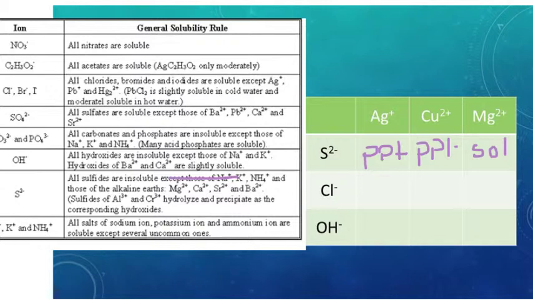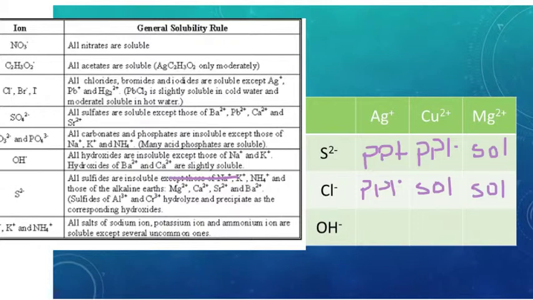Now we're going to look at the chlorides up here. All chlorides, bromides, and iodides are soluble except those of silver, lead, and mercury, which means this will precipitate, this will remain soluble, and this will remain soluble.